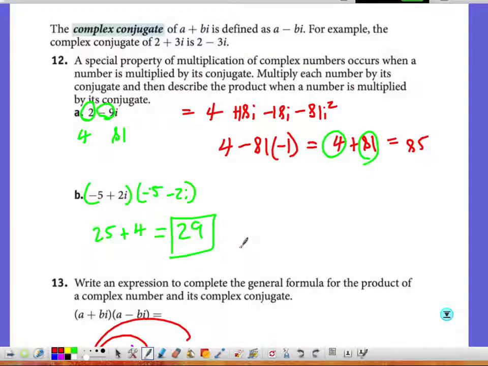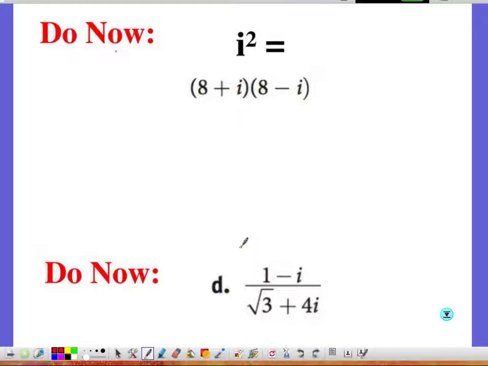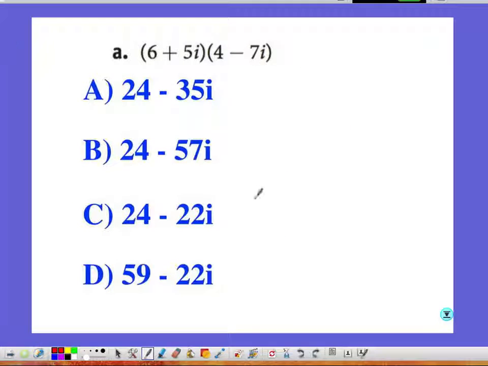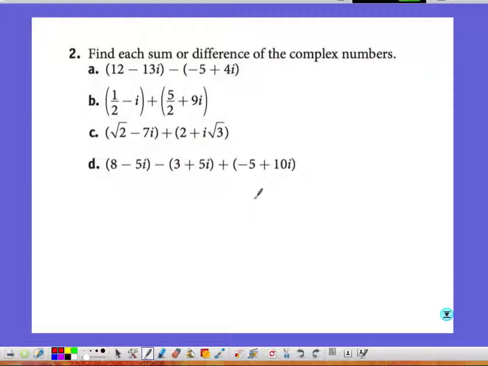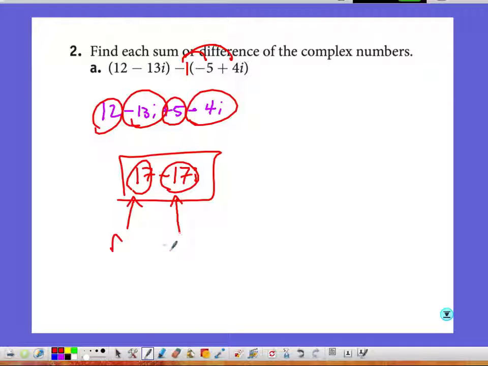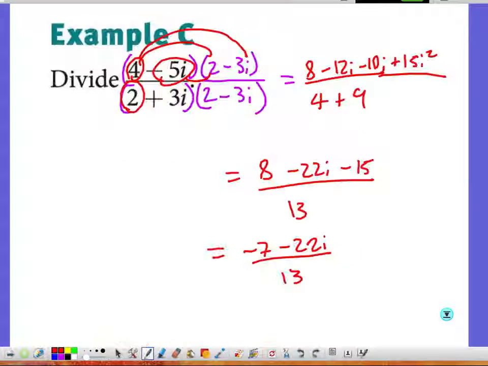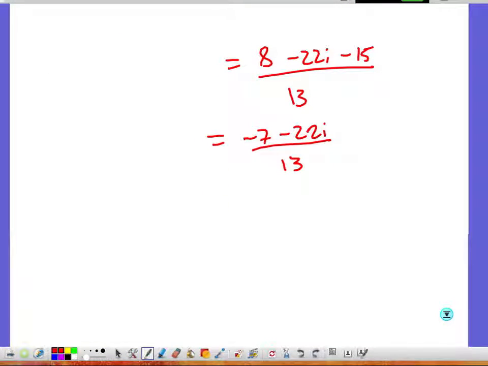Now again, whenever we find our answer, we always want to leave it where we can find what is my real part and what is my imaginary part. So the way I want to write my final answer is -7 over 13 minus 22i over 13.